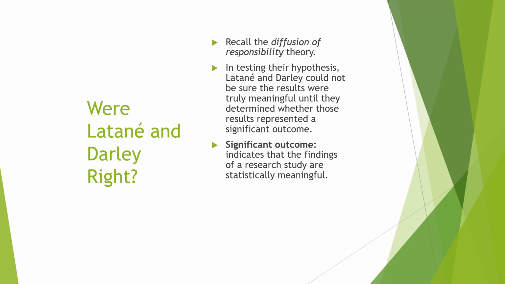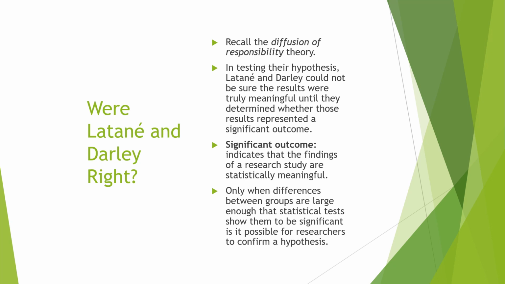If they are not, then your hypothesis is not supported. So only when the differences between the groups are large enough that a statistical test shows them to be significant is it possible for researchers to confirm the hypothesis.